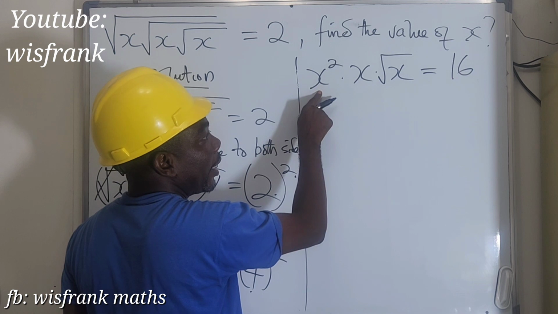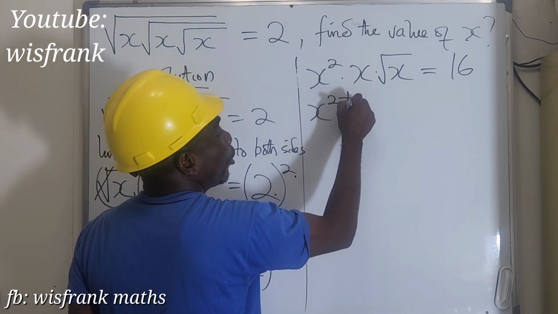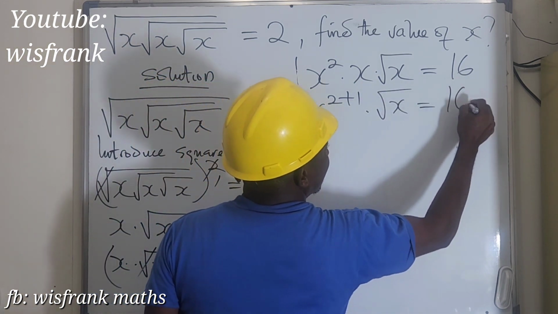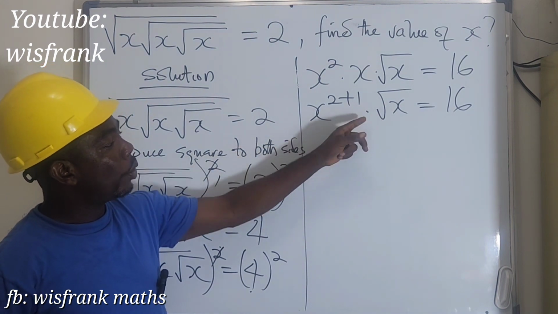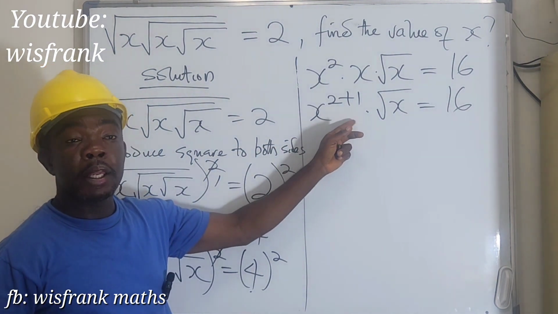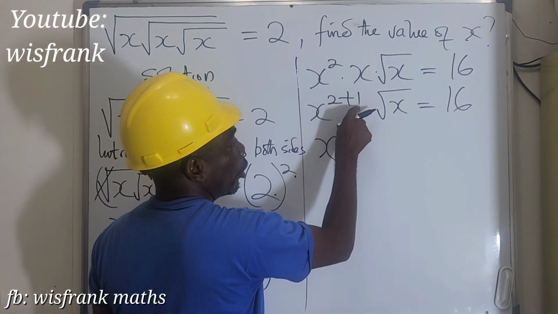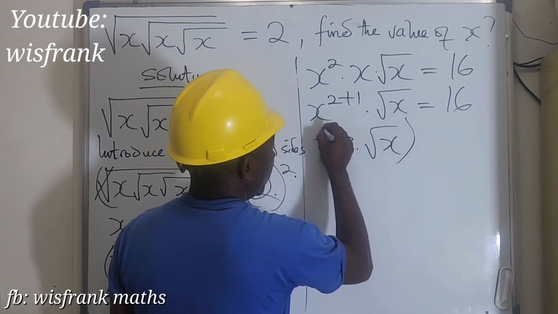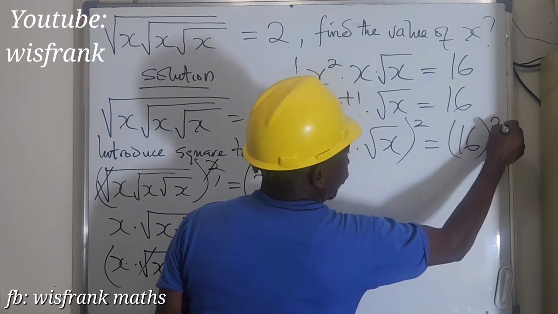So we have x squared here times x, which is the same thing as x raised to the power of 2 plus 1, times the square root of x, equals 16. In this case, to clear this square root, we need to introduce another square to both sides. This will become x raised to the power of 2 plus 1, which is 3, times the square root of x, all squared, equals 16 raised to the power of 2.